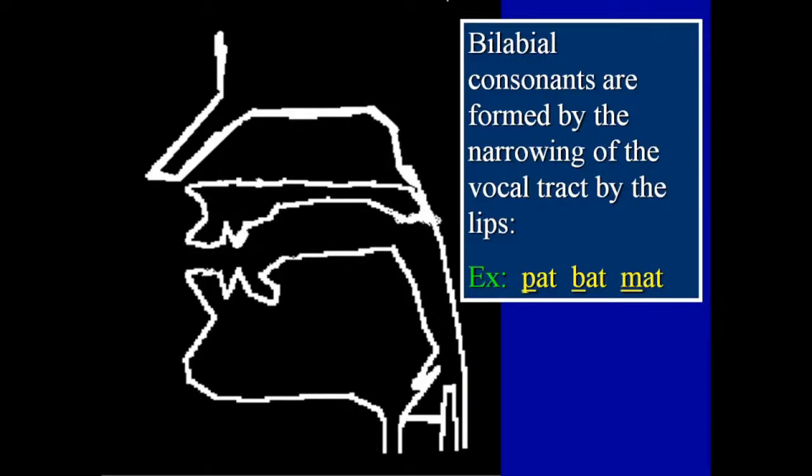So we can talk now about different classes of sounds according to how they are being produced or articulated, taking into account the three criteria just mentioned: place, manner, and voice. So first of all, let's begin with different places of articulation. The first one, bilabial consonants. They are formed by the narrowing of the vocal tract by the lips. For example, P in pat, B in bat, M in mat.